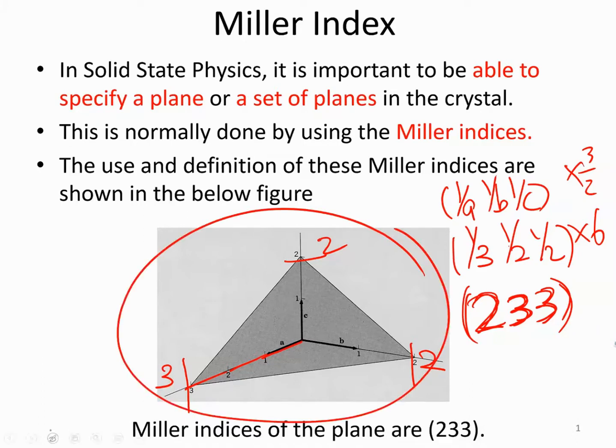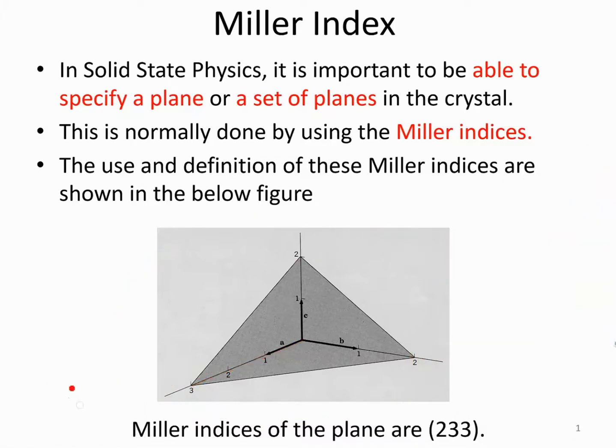I repeat again. I want to get the Miller index for this plane. A equals 3, B equals 2, C equals 2. The proper way to write the Miller index is (HKL), and all of H, K, L must be integers.